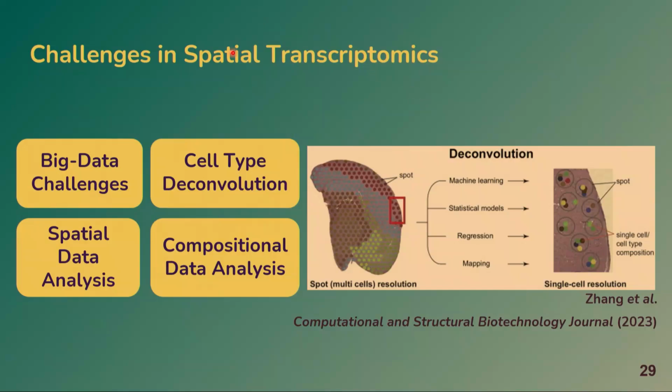So many machine learning and statistical algorithms have been developed in the last years for that. It also presents big data challenges because it's terabytes of genomic information, and because knowing the distribution of cell types in the sample is one of the main questions of spatial transcriptomics studies in compositional data analysis.